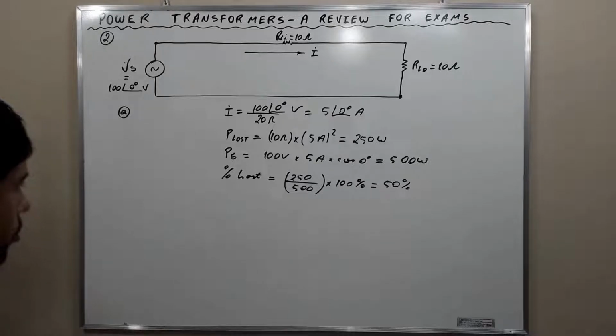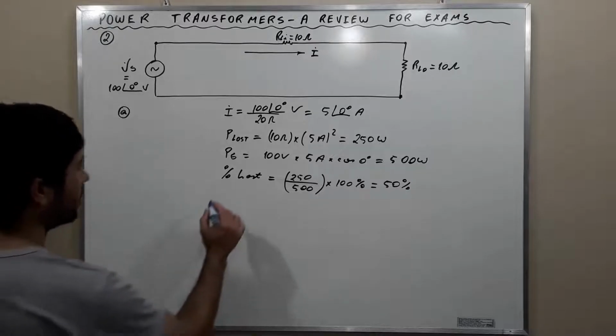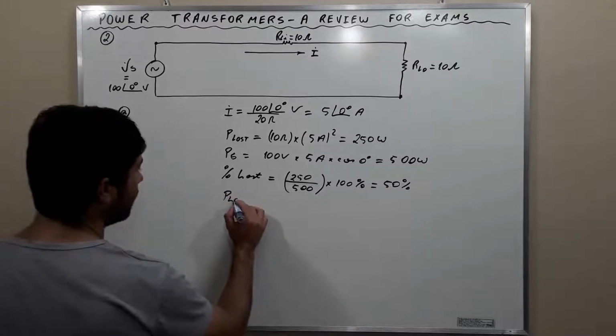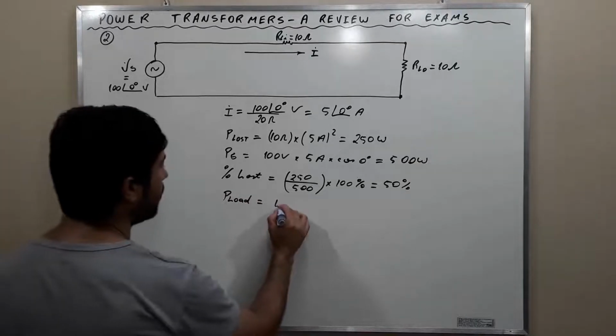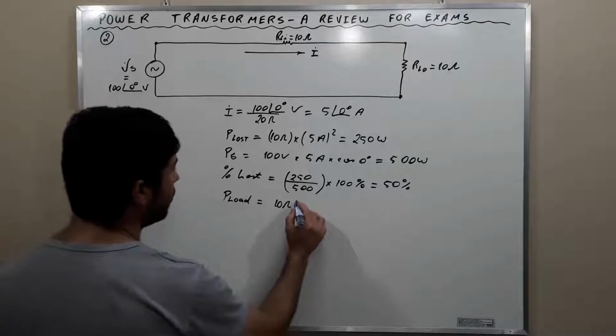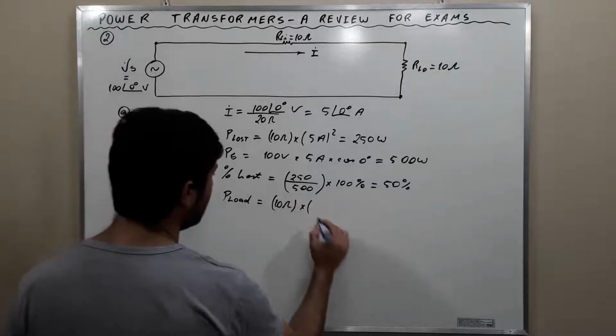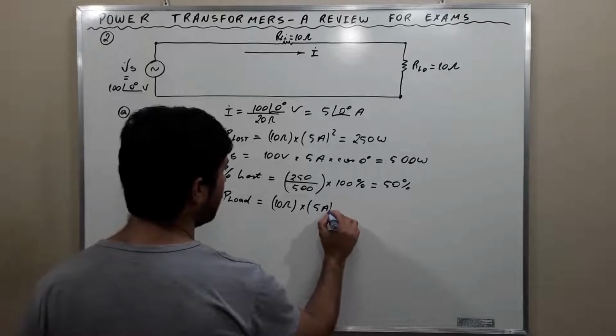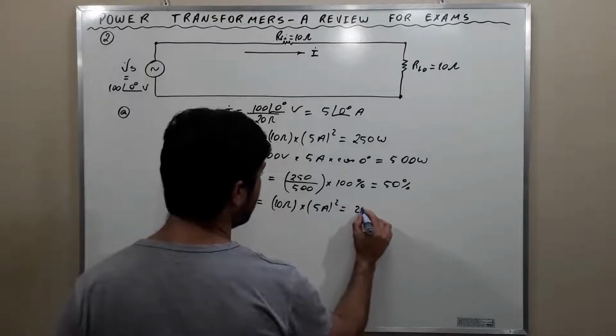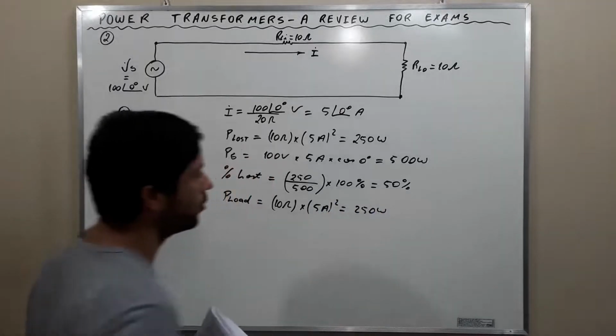Just to illustrate, we can calculate also the power delivered to the load, and the power delivered to the load is going to be the resistance of the load times the current delivered to the load squared, and this is 250 watts, okay?